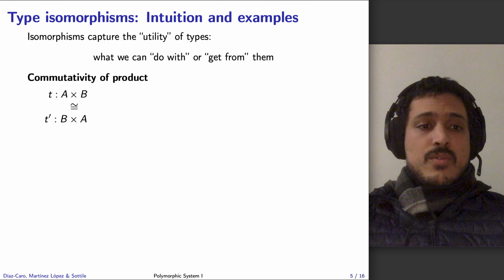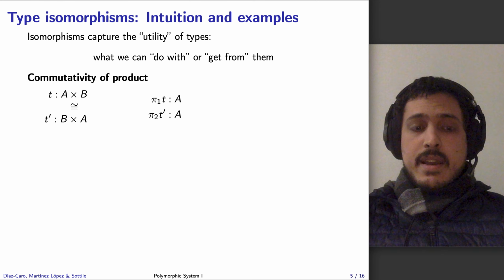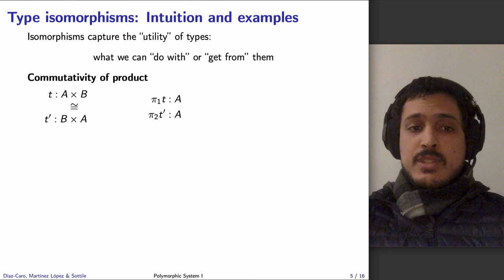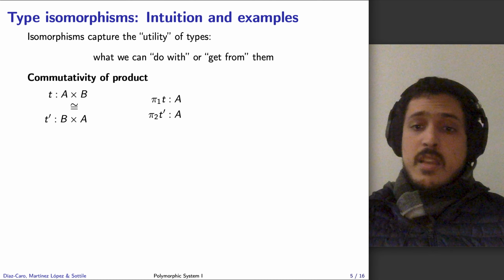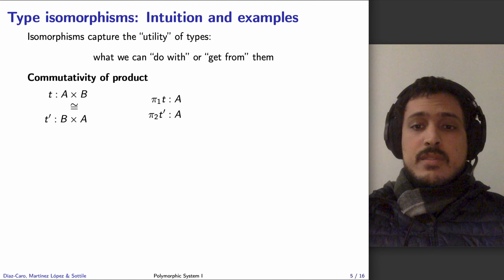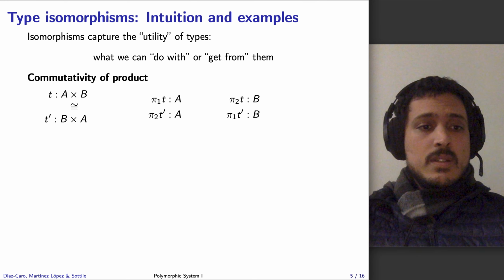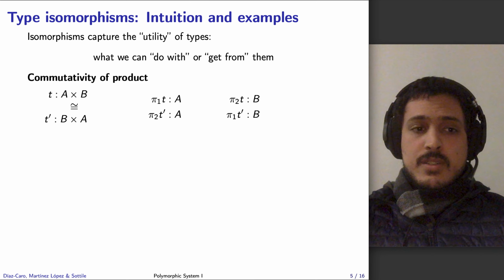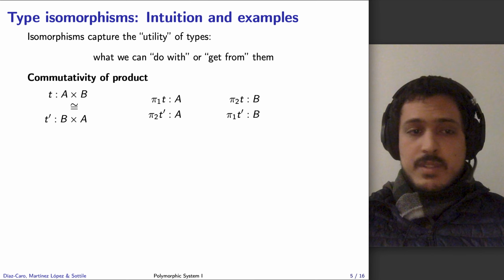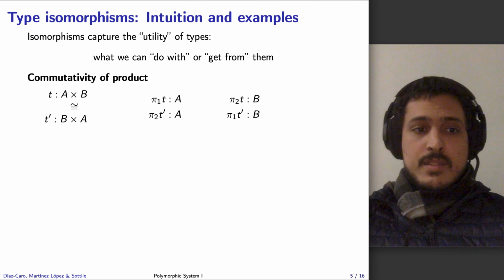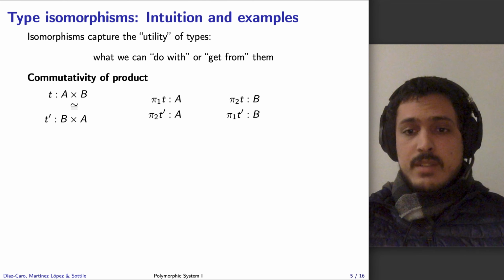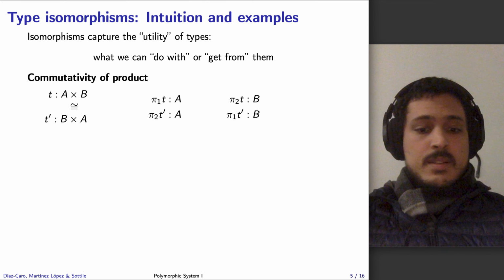And we know we can get an A from t projecting the first element, and we can get the same A from t prime by projecting the second element. The same happens with B. And this occurs because these t and t prime are isomorphic, right? t transforms into t prime with f, and t prime transforms into t with g.